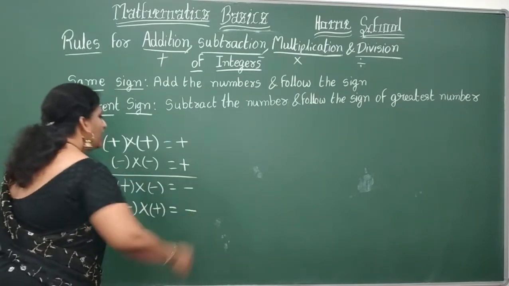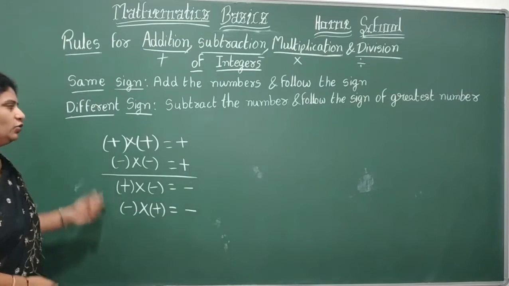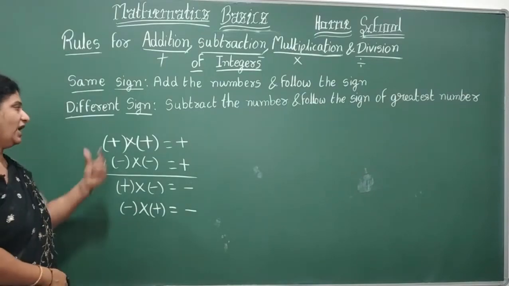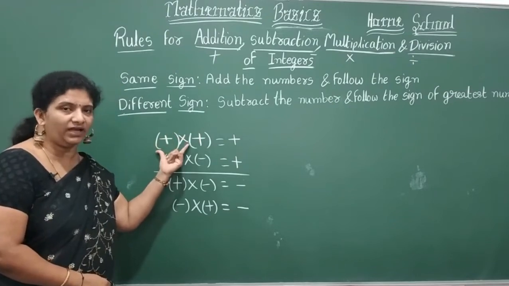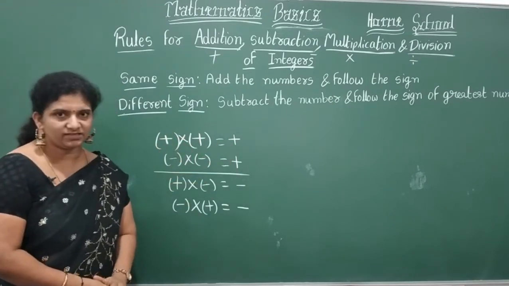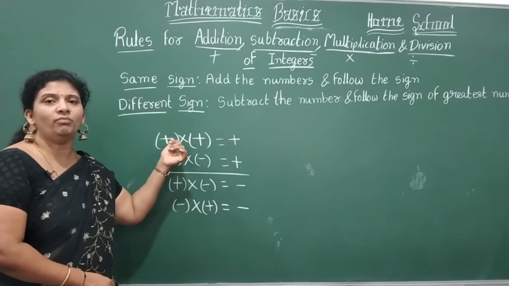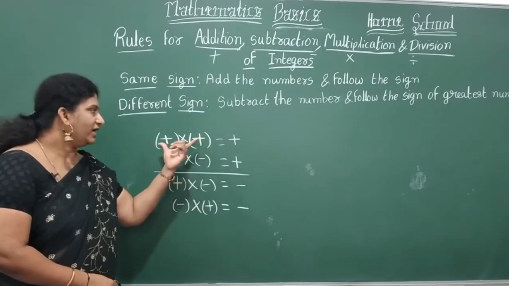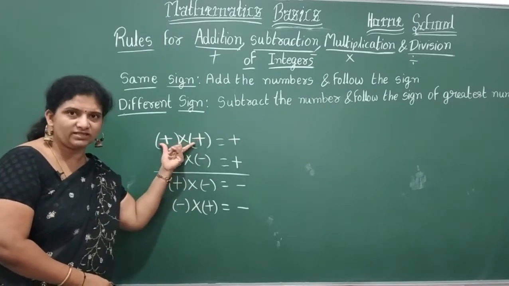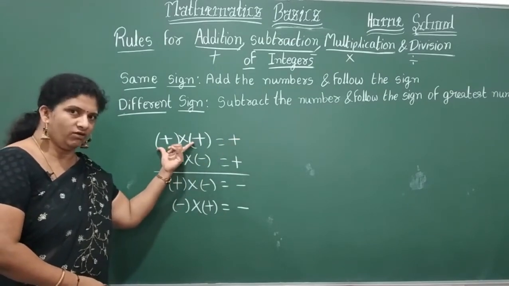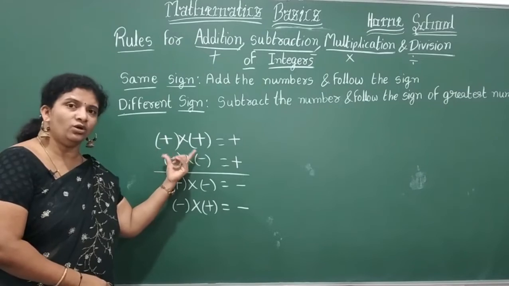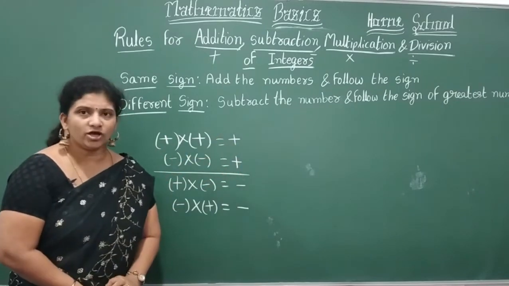So here again, see here, children. Again there are two divisions here. What is that? If two signs are the same, when you multiply, you are going to get a positive answer. So what are you going to do? Multiply the numbers, and if you multiply these two signs, you will get a positive answer. Whether both numbers are positive or both are negative, your result must be positive.